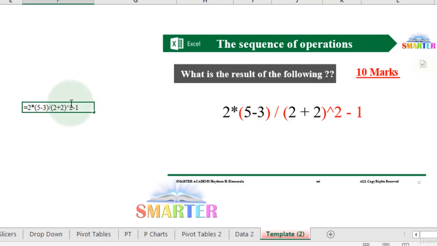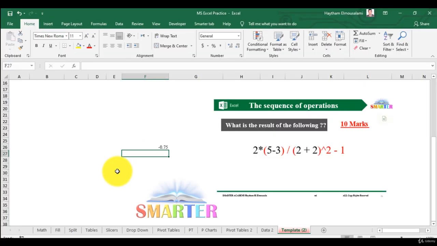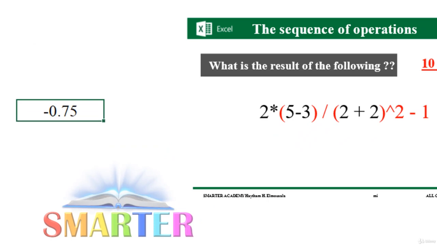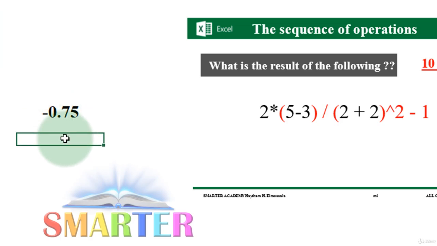So what is the result of this equation? Press enter. The result will be minus 0.75. The question is, what are the steps executed to give this result? What is the sequence of operations?